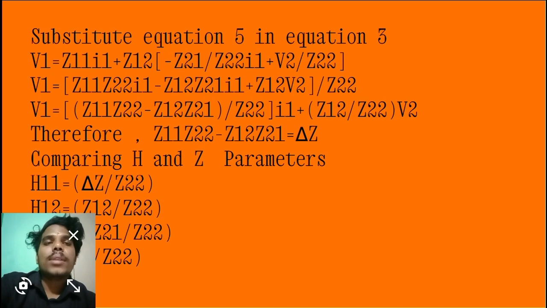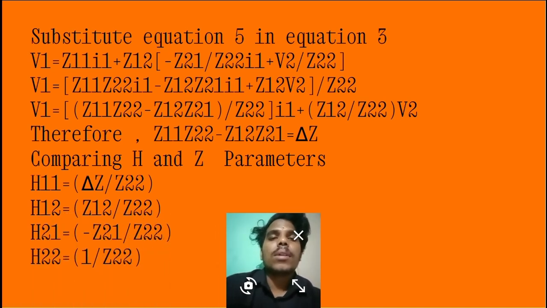Therefore, Z11 Z22 minus Z12 Z21 equals delta Z. Comparing H and Z parameters, H11 equals delta Z by Z22. H12 equals Z12 by Z22. H21 equals minus Z21 by Z22. H22 equals 1 by Z22.